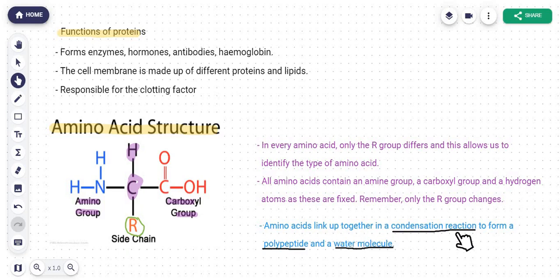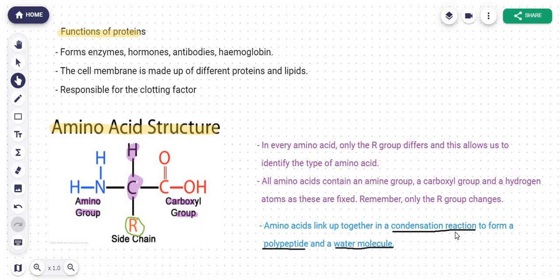When I say condensation reaction, we've actually discussed this in our previous videos, but I'm just going to give a recap of what a condensation reaction is. In a condensation reaction, two simple molecules, or maybe three, combine together, and when they combine together, they form a complex molecule. And in this process, a bond is made, not broken, it's made.